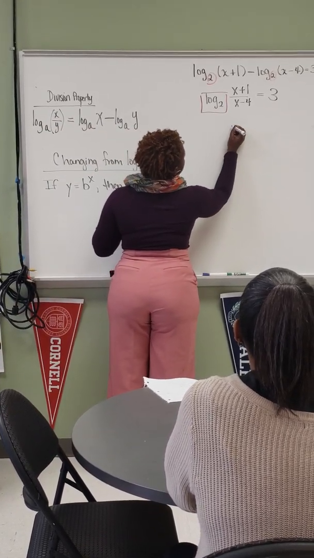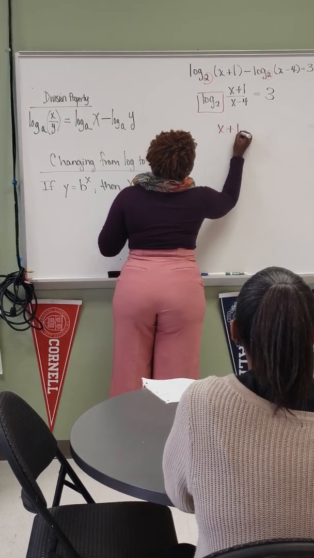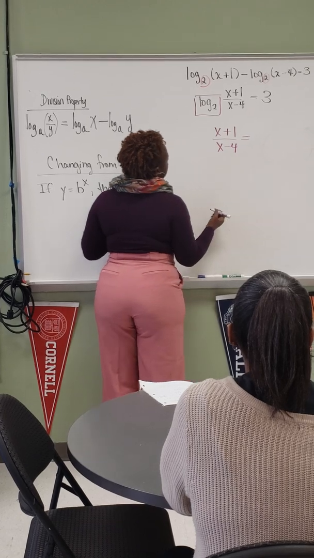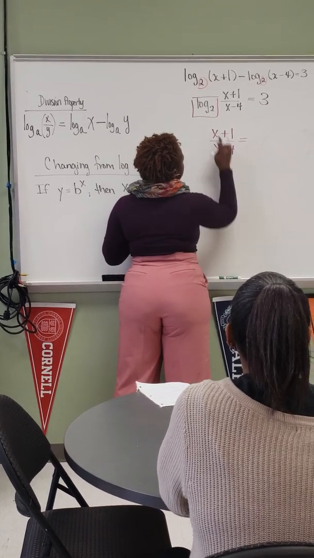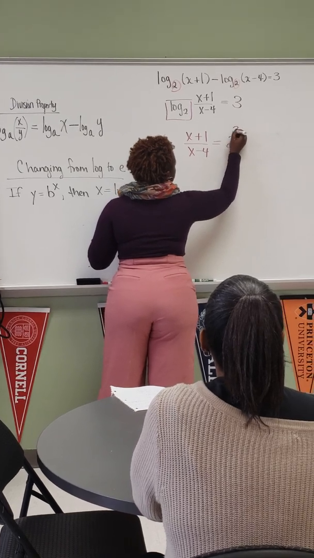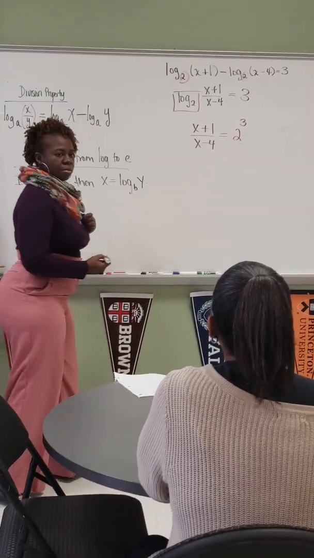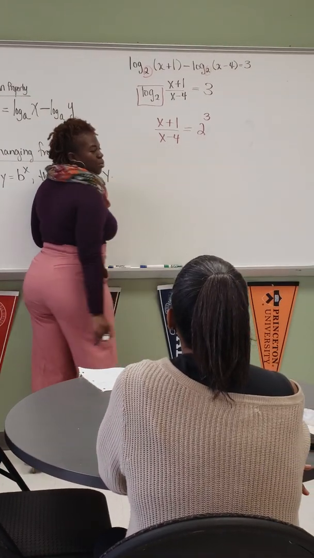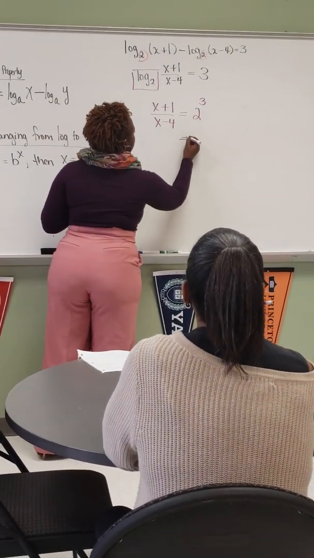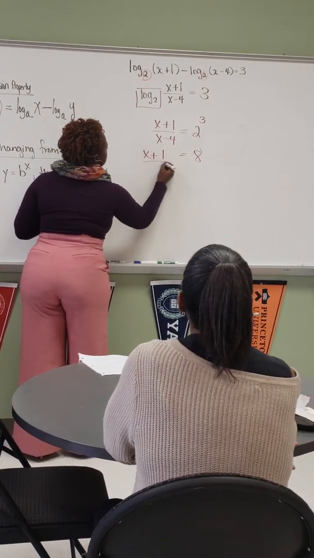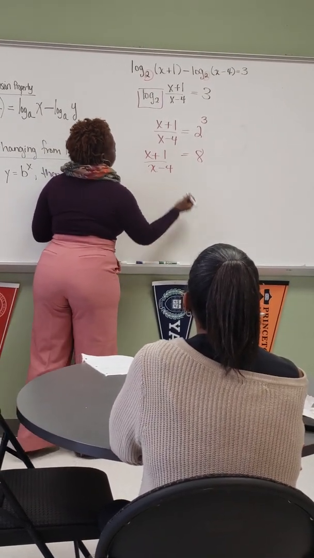This becomes x plus 1 over x minus 4 equals 2 to the 3. And we want to solve for x.